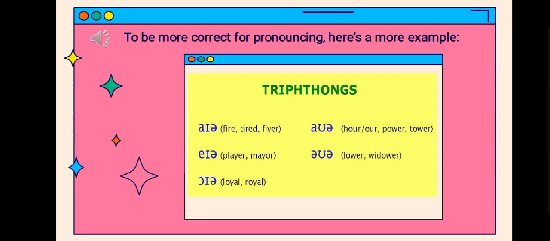The first one is aya, and example words are via, tire, flyer, and aya in player, mayor, and oya in royal, our in words such as our, power, tower, and our in words like lower and widower. And that's all from this group.